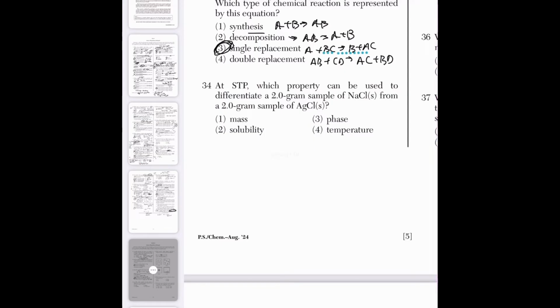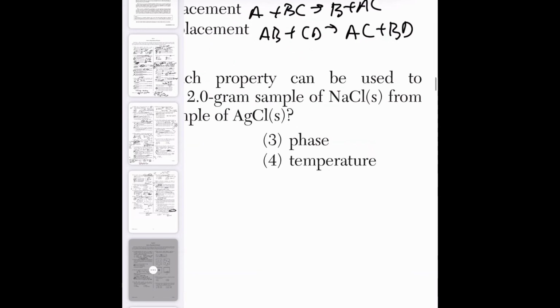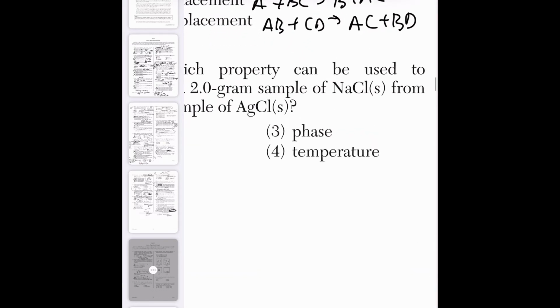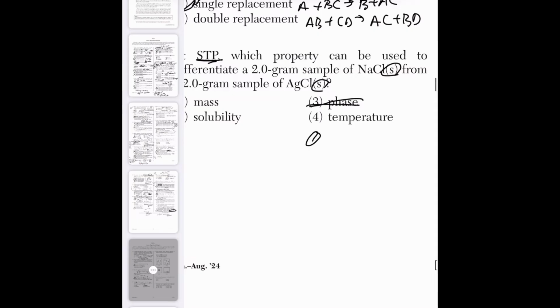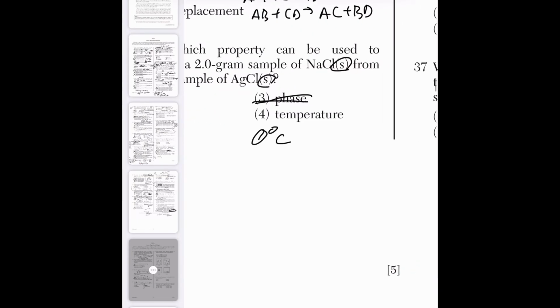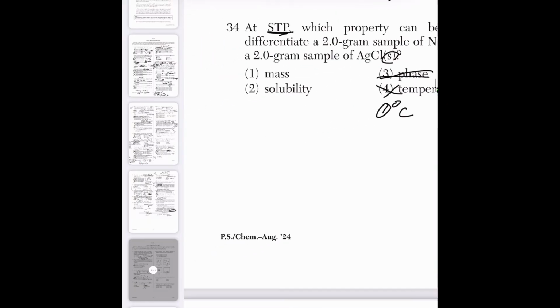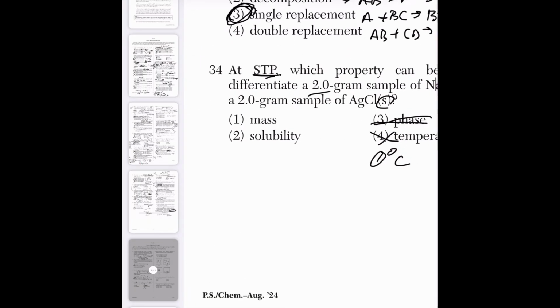At STP, which property can be used? Okay, so definitely not phase because they're both solids. At STP, this means that the temperature is 0 degrees Celsius. Wouldn't be this one, wouldn't be this one.